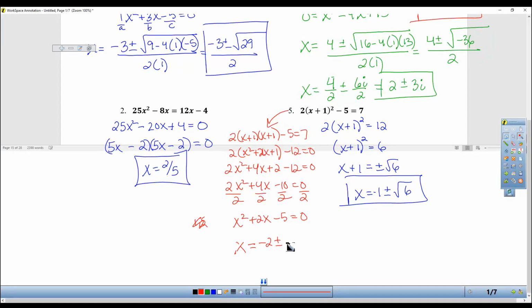Negative b plus or minus the square root of b squared minus 4ac. Are you seeing how long this is? I cannot stress enough to you that finding the best, most efficient method is pretty much the only way you're going to pass my tests.